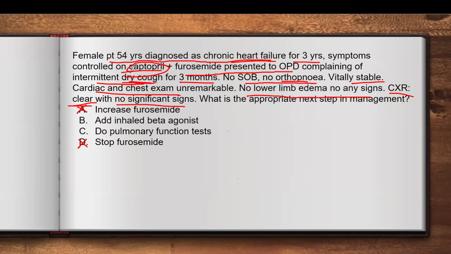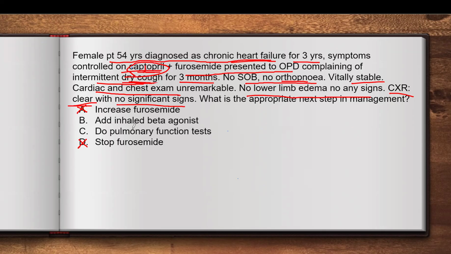Dry cough is a very well-known side effect of ACE inhibitors, and we need to start this patient on another medication like angiotensin receptor blockers. So if you have the option of changing or stopping captopril and shifting to ARBs, that would be the best answer.